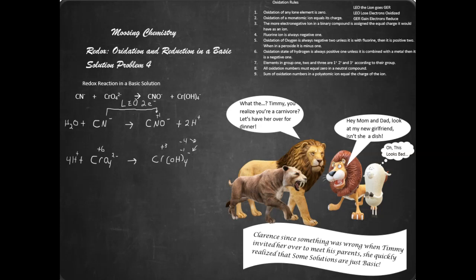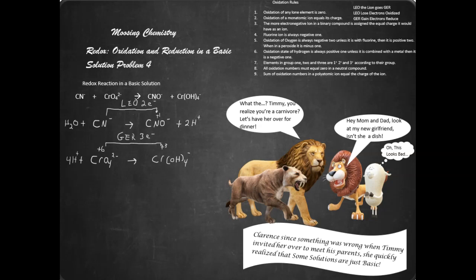All right, so let's go ahead and clean that up again so we don't get things too messy. All right, so what we're going to do is go from a +6 to a +3. So that means we're gaining electrons. So gain electrons, reduce. And we're gaining 3 electrons.